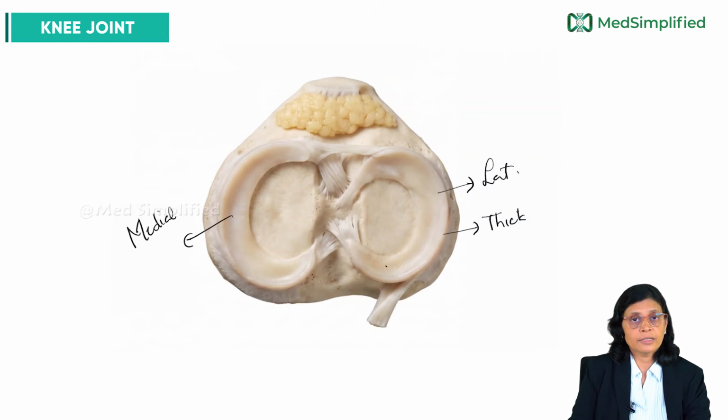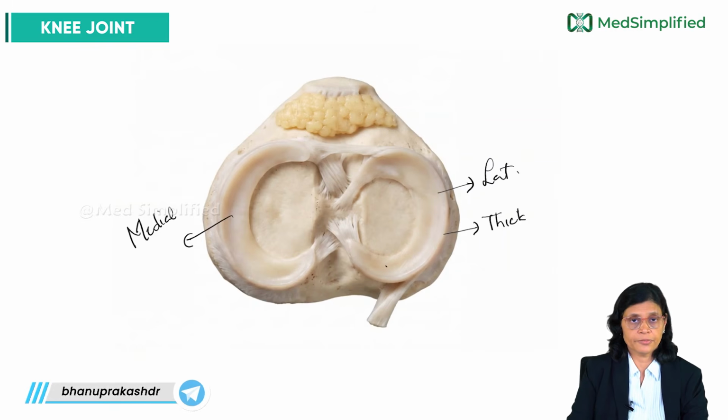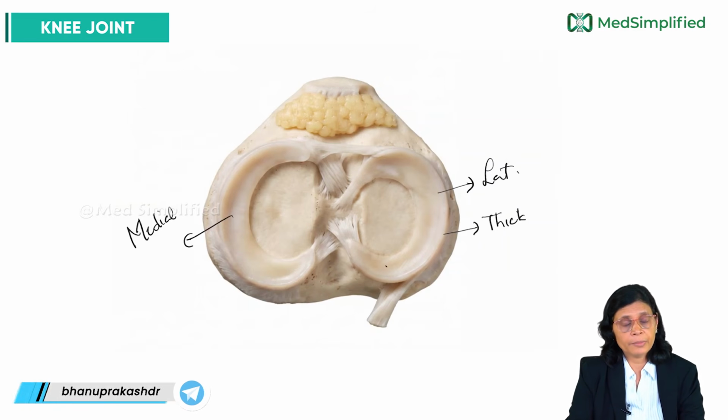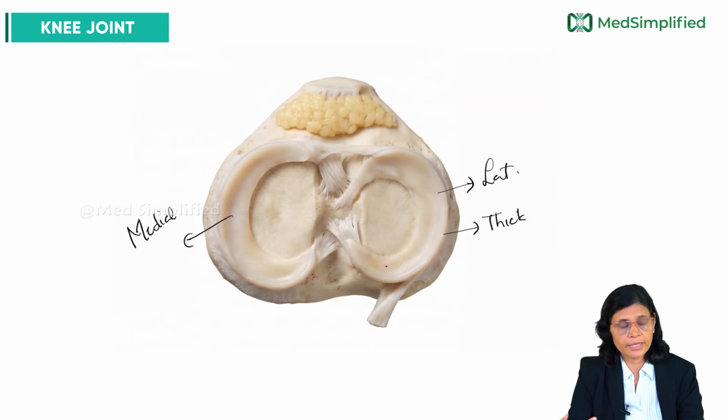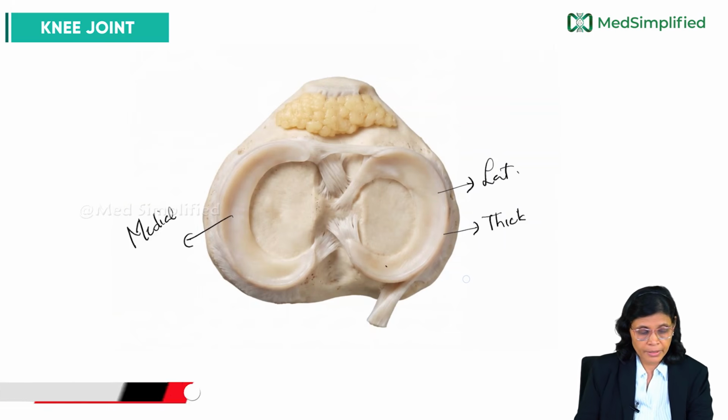The menisci deepen the articular surfaces and divide the joint cavity into an upper compartment, the meniscofemoral, and a lower compartment, the meniscotibial compartment.